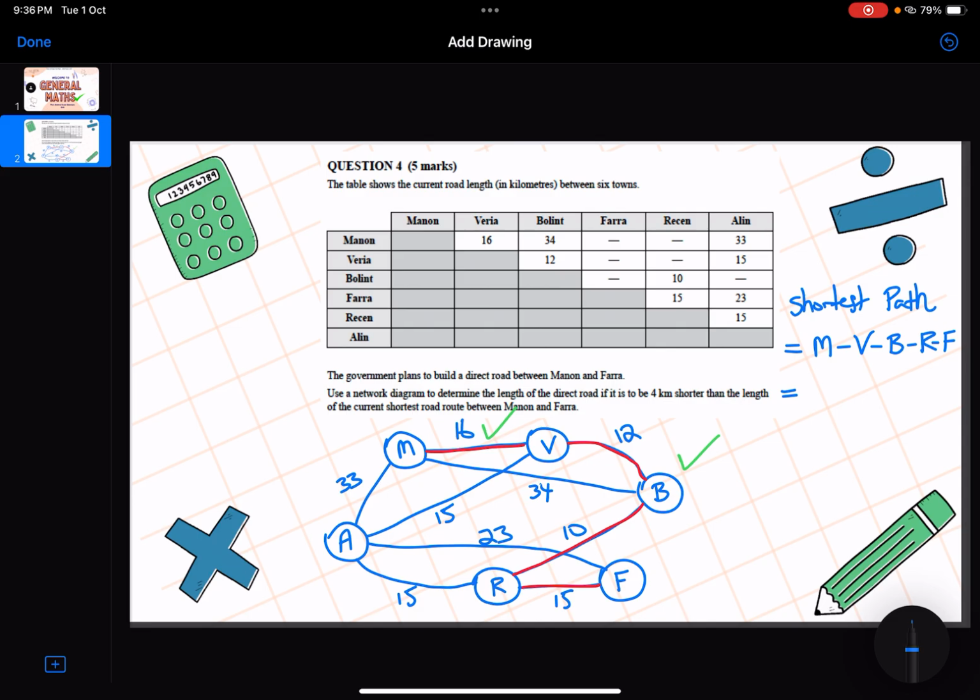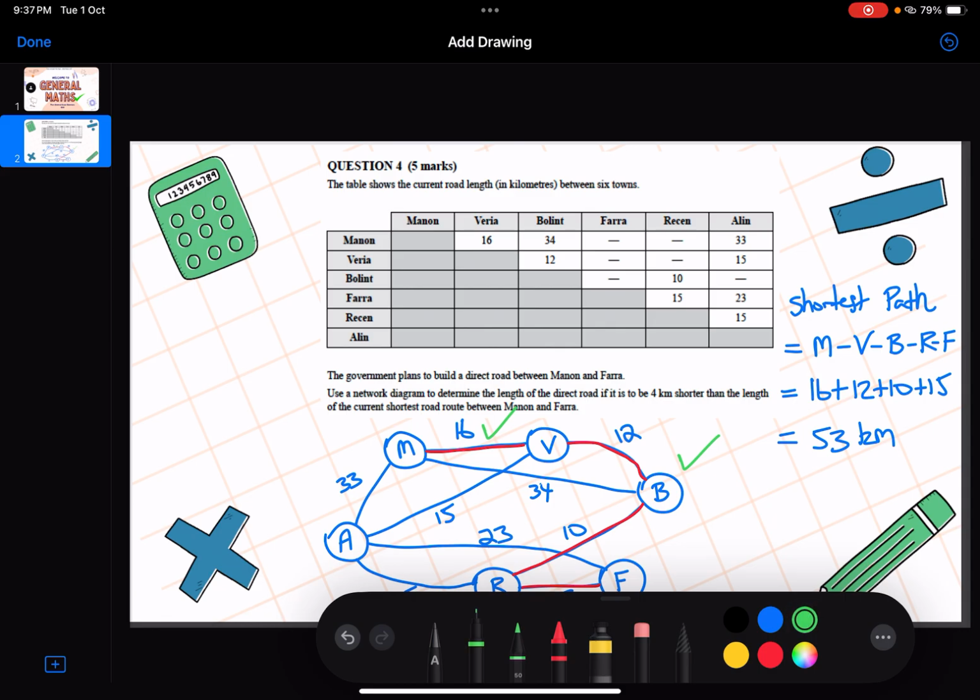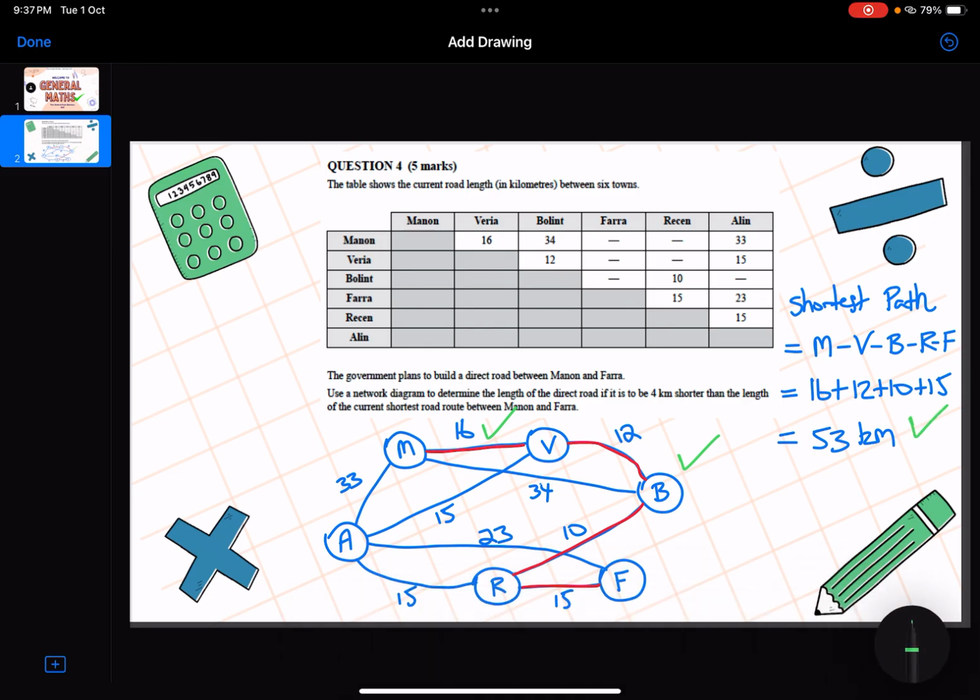Now if I add the lengths of those edges, we've got 16 plus 12 plus 10 plus 15. Because the units were in kilometres, that comes to 53 kilometres for the shortest path. If we were able to determine that shortest path, that would give us our third mark.